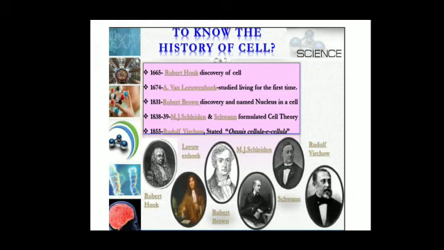And at last, in 1855, Rudolf Virchow stated the third postulate of the cell theory. Children, here we have the efforts of scientists which give us information about the structural unit of life, the cell, and proposed the cell theory.